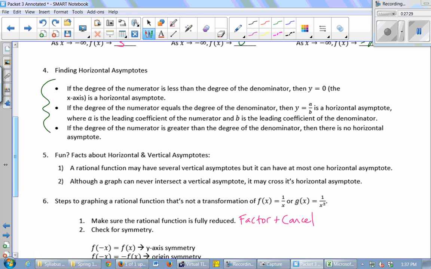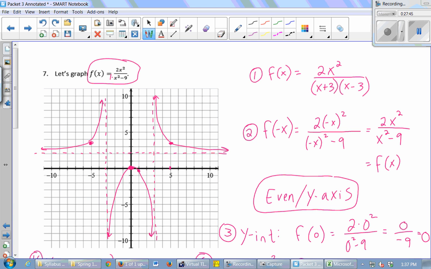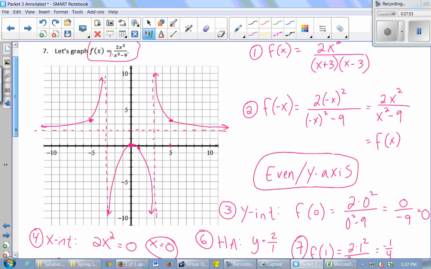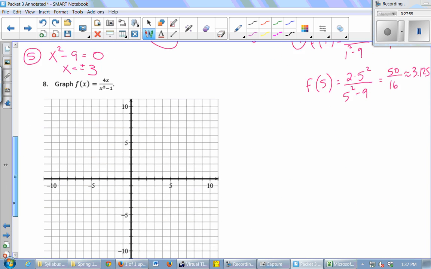If the degree of the numerator equals the degree of the denominator, then y equals a over b is a horizontal asymptote, where a is the leading coefficient of the numerator and b is the leading coefficient of the denominator. So my leading coefficients were a 2. There's a 2 on the x squared in the numerator, and there's a 1 on the x squared in the denominator. 2 over 1.